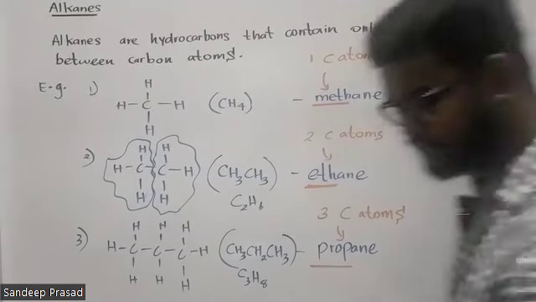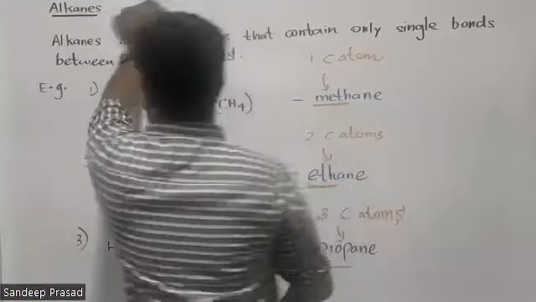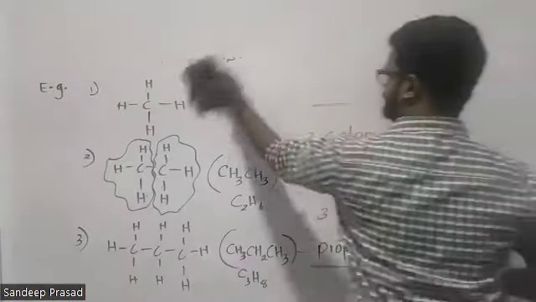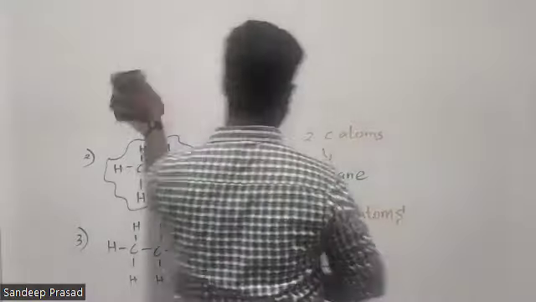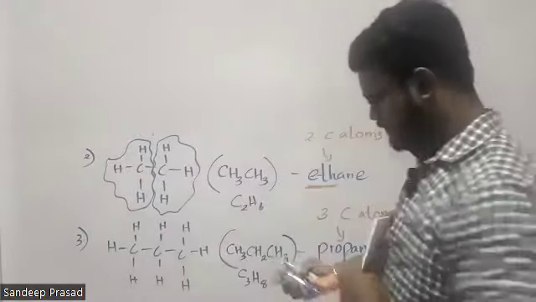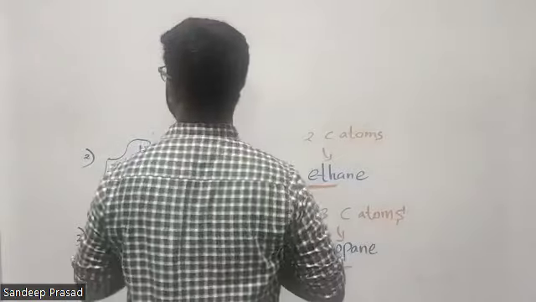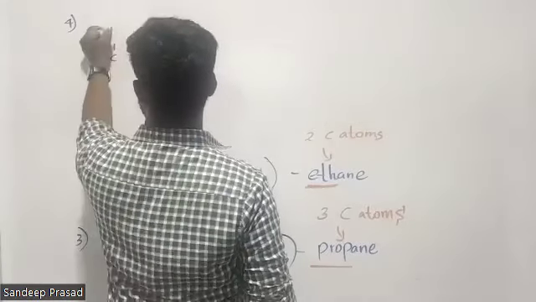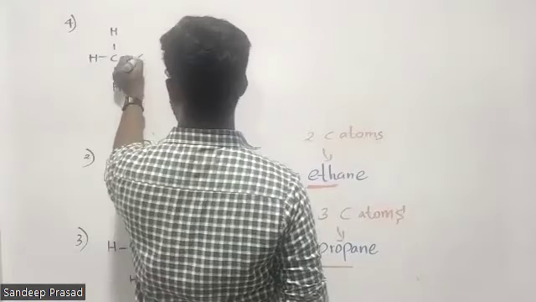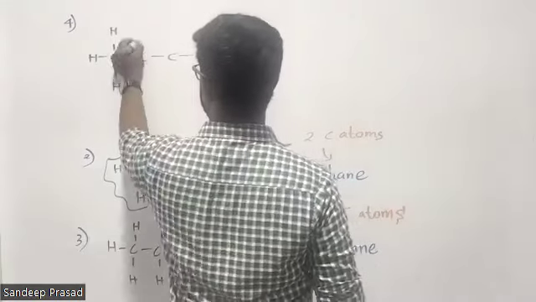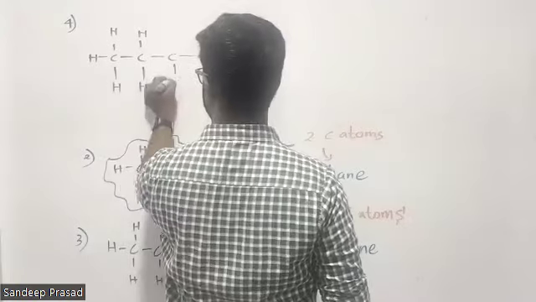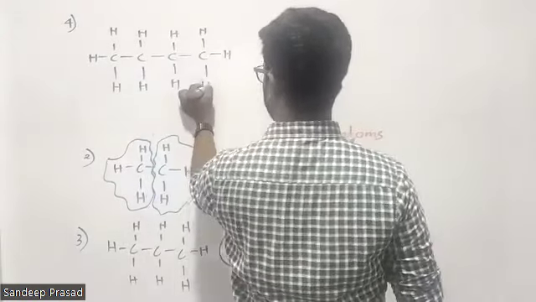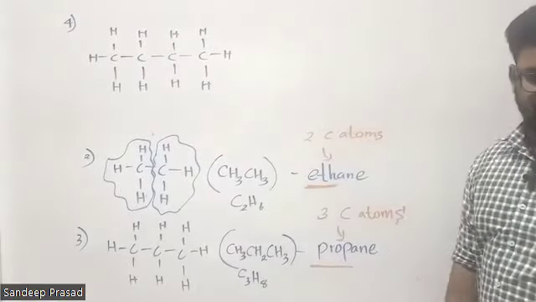How that butane should be drawn. Butane should be drawn, the fourth one, in this way. Fourth one, butane. 1, 2, 3, 4. Ah, 4 carbon atoms are there.